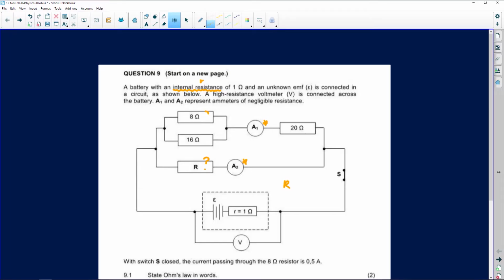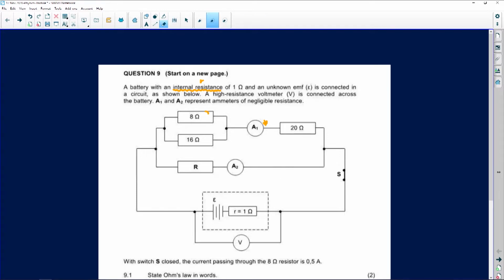So because R is unknown, we cannot assume that the current in A1 and A2 is the same. We do know that the current in A1 and the current in A2 collectively will give us the total current within the circuit. Because remember, once the current splits and then comes back together, it moves as one. So A1 and A2 will give us our I total for the current inside the circuit. A1 and A2 represent ammeters of negligible resistance.